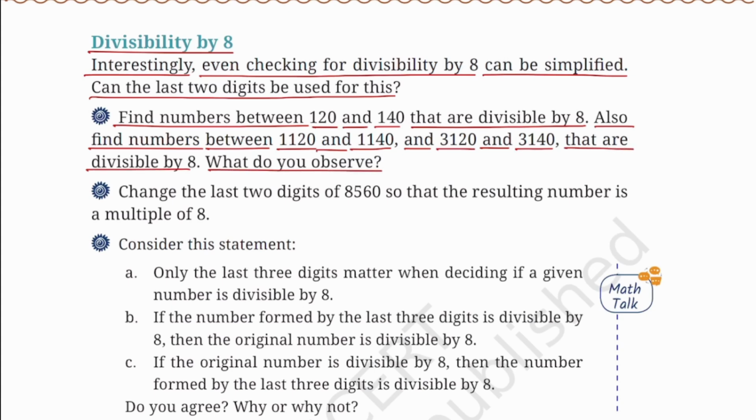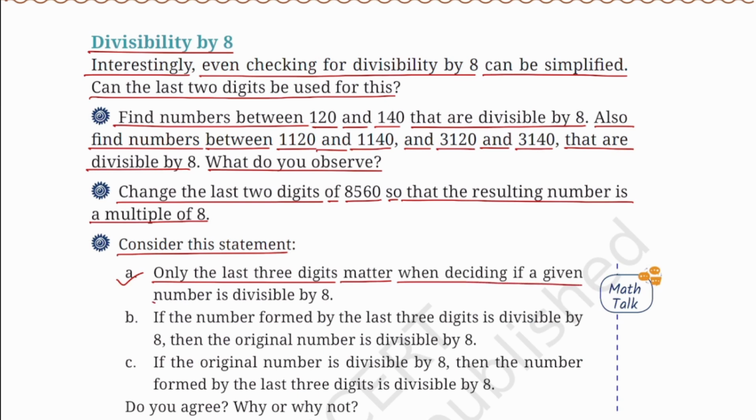What do you observe? Change the last two digits of 8560 so that the resulting number is a multiple of 8. Consider this statement. A. Only the last three digits matter when deciding if a given number is divisible by 8.